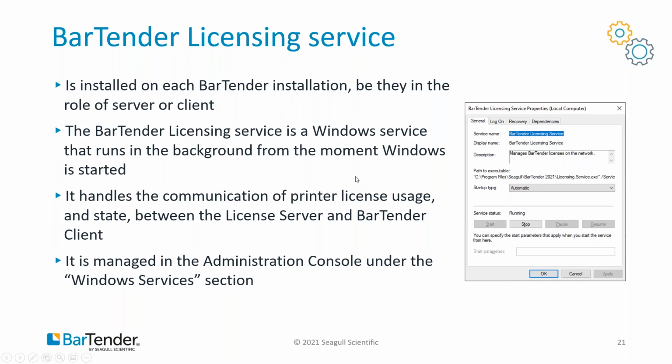So when the BarTender client wishes to print, it will request the use of a printer license from the license server. The license server will update its printer license state and either authorize or not authorize the printing in the BarTender client. Now, in standard operation, for reasons of performance, when BarTender goes to print, it will actually print first, and then afterwards it will perform this printer license transaction.